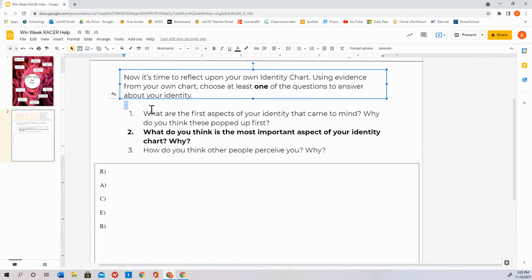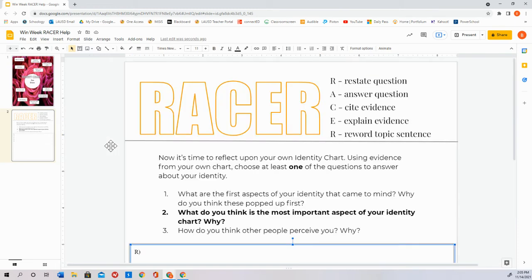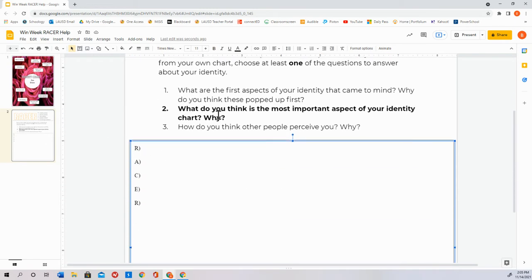Well, you know that what is a question word. All I'm doing here is taking the rest of this question and writing it under my R. So I can't just say, do you think is the most important aspect of your identity chart? Does that work? No. You think is the most important? No. Think is the most important? No. Is no. No. Here's the word the.